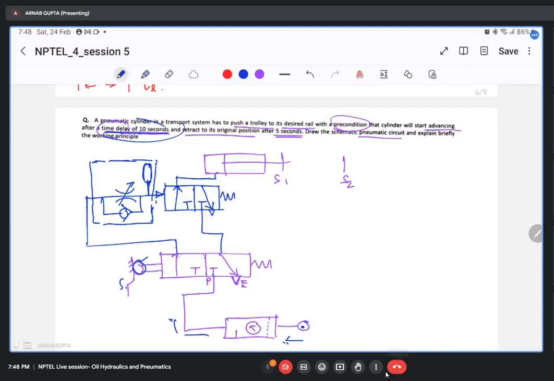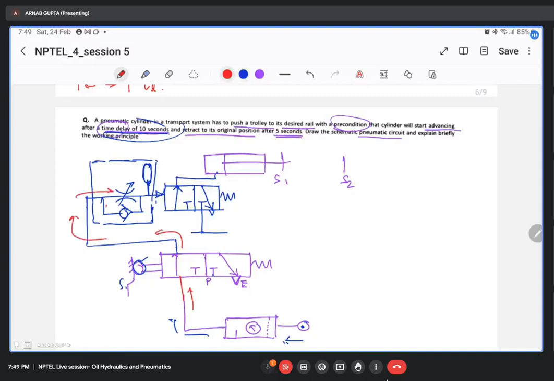This particular configuration will be activated rather than this one. One second. So now the pressurized gas will be flowing from here through here.